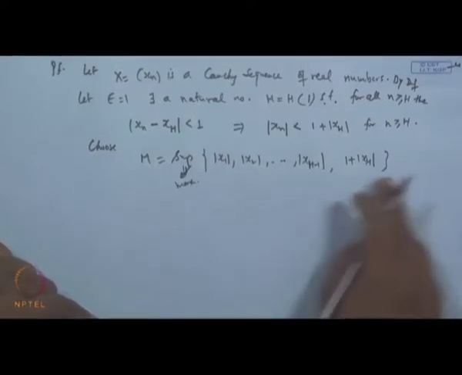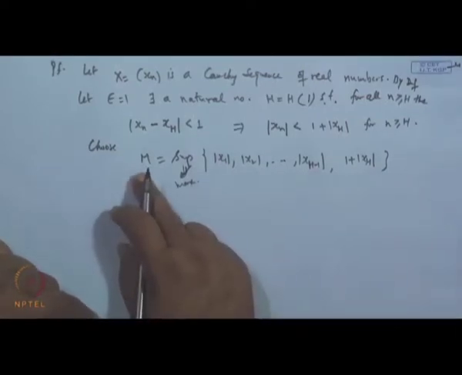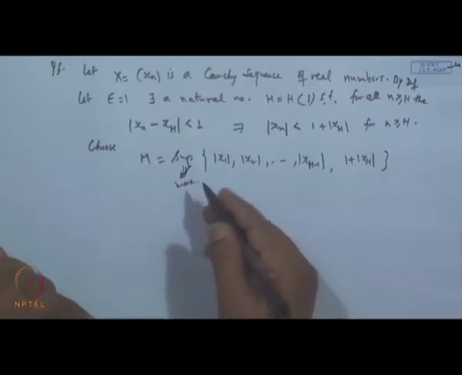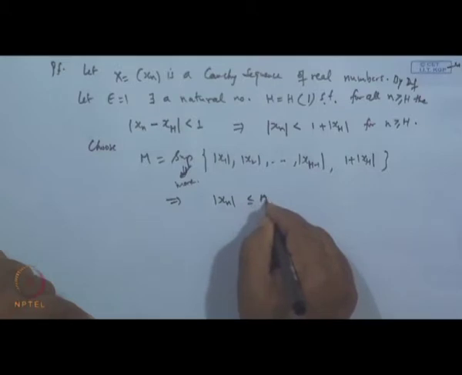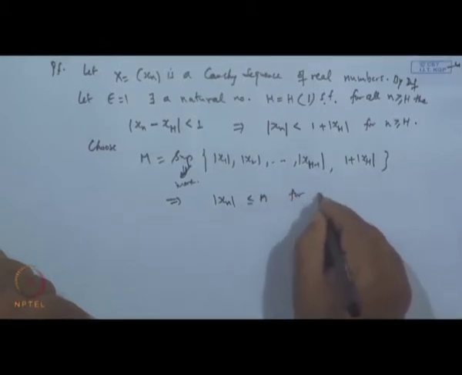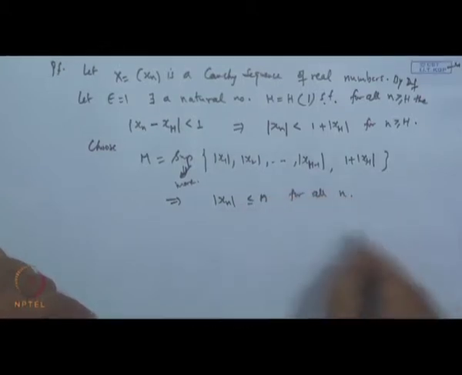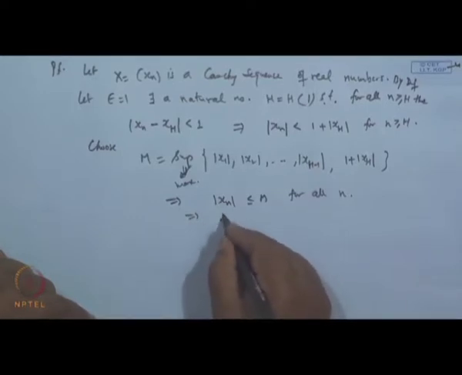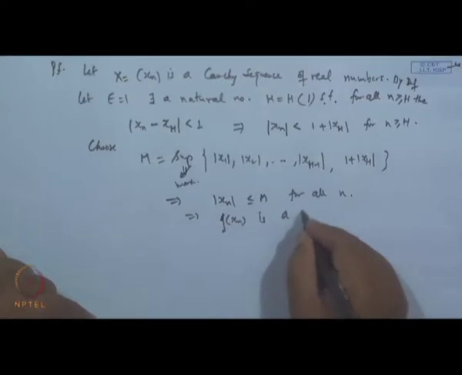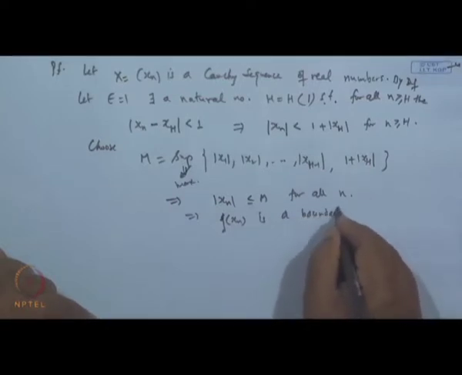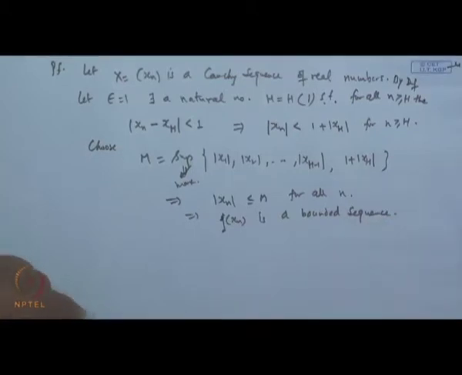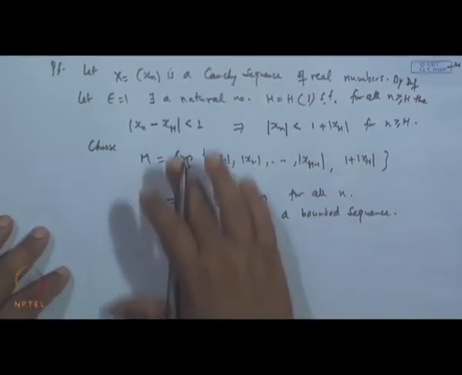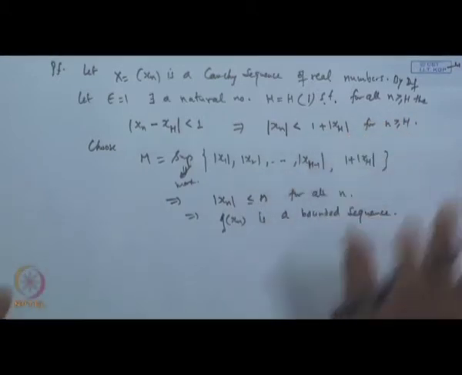When you take the maximum of these, suppose M, all the terms of the sequence x n will be dominated by M, and this is true for all n. So, this shows the sequence x n is a bounded sequence of real numbers. So, every Cauchy sequence of real numbers is bounded.